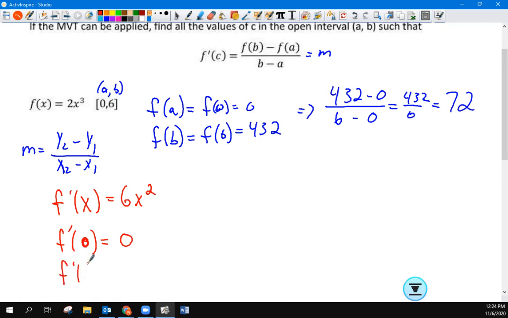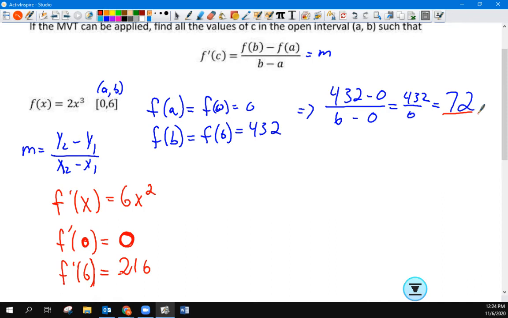F prime at 6 equals, and you plug 6 in, so you get 6 times 6 squared, which is 36, which is 216. So this is going to tell me, is it possible? Is there a value? Well, yes, there's going to be, because the intermediate value theorem says I can't get from 0 to 216 without passing through 72.